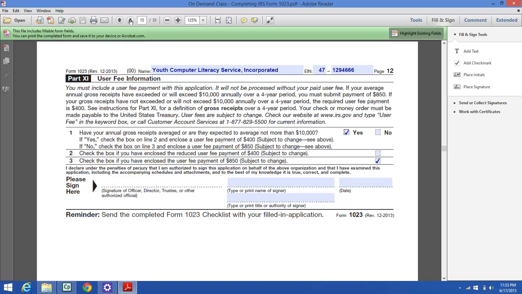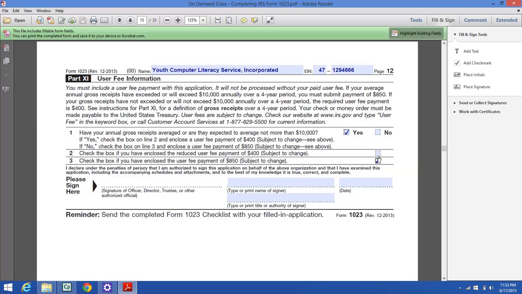So number one, have your annual gross receipts averaged or are they expected to average not more than $10,000? If the answer to that question is yes, check the box on line 2 and enclose a user fee of $400. If the answer to that question is no, then you want to check box 3 and include a fee of $850.